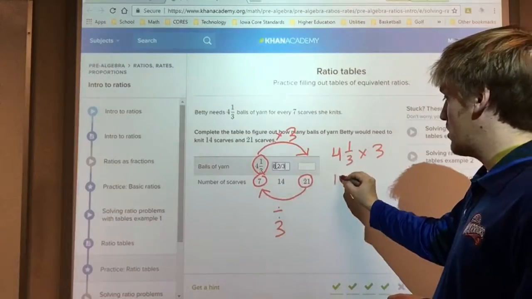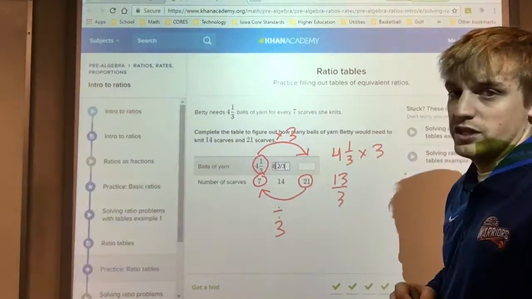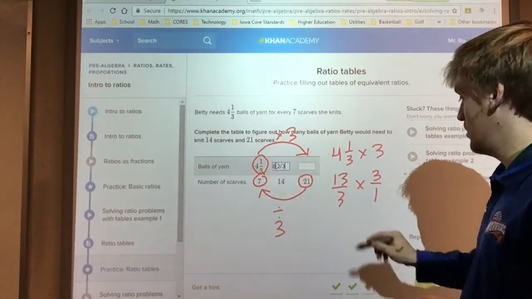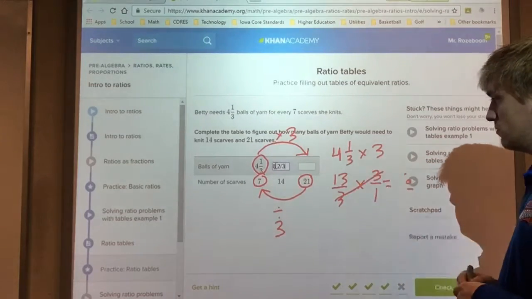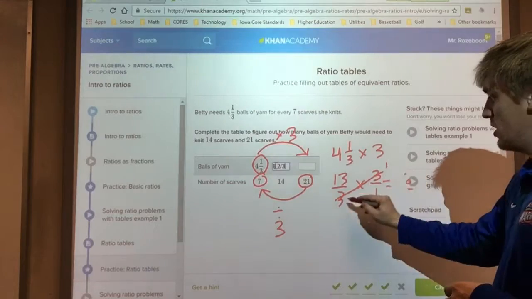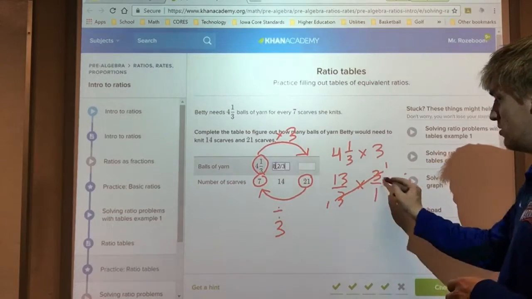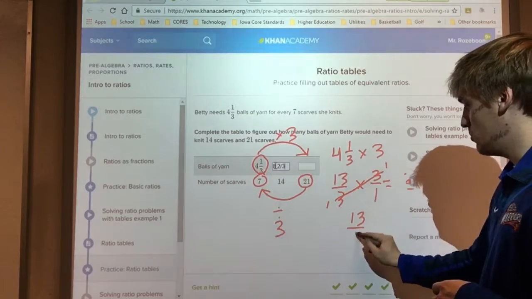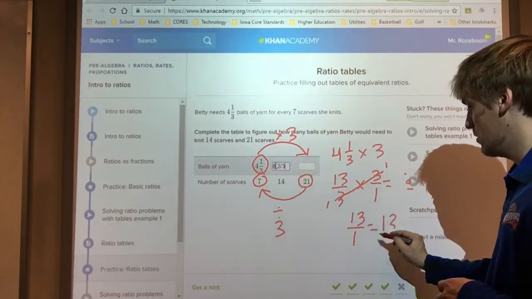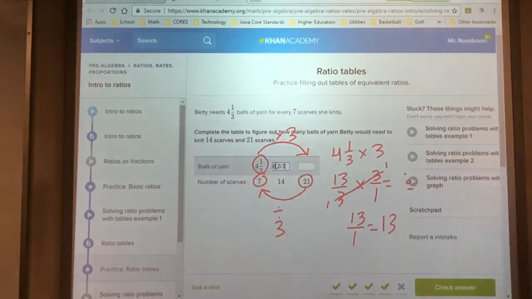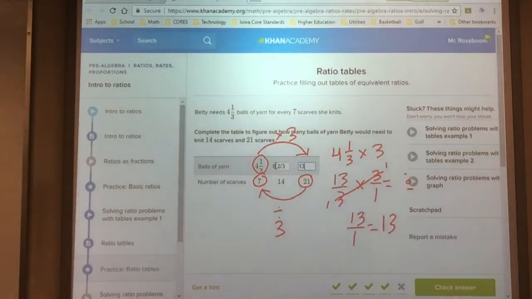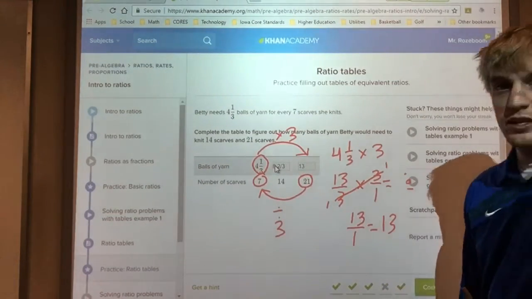I'll rock around the clock, I'll get what I just got. 13 over 3 times 3 over 1. These cross cancel, so they become 1s. 13 times 1 is 13. 1 times 1 is 1, and that equals 13. Okay, go ahead and check that, and we get the correct answer.